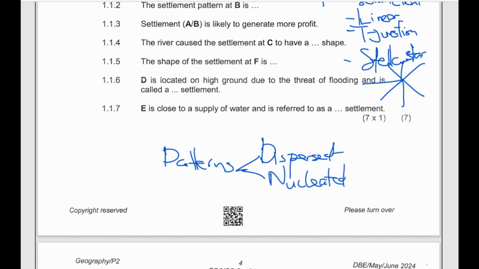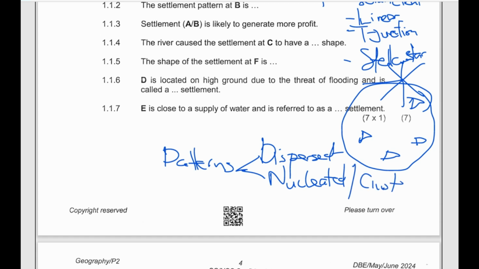When we talk of a dispersed settlement, we are saying the housing units are further apart from each other. Like one is there, you find the next maybe after a kilometer, you find another one there, maybe after a kilometer and a half. It means these ones are in a dispersed pattern. Then what we call a nucleated or a clustered, it's one and the same thing, nucleated and clustered settlement.